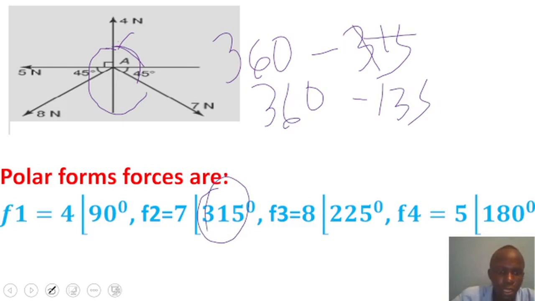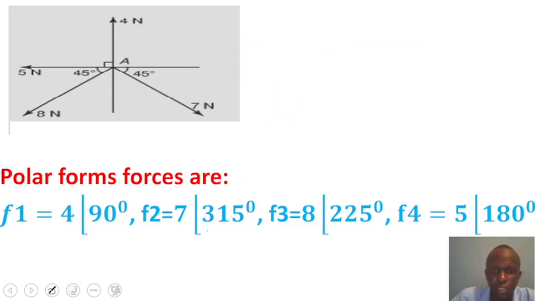And for F3, the modulus is 8 and the argument is 225. How are we getting 225? From here to here, the angle is 180.